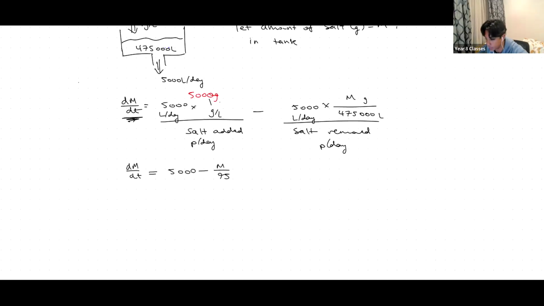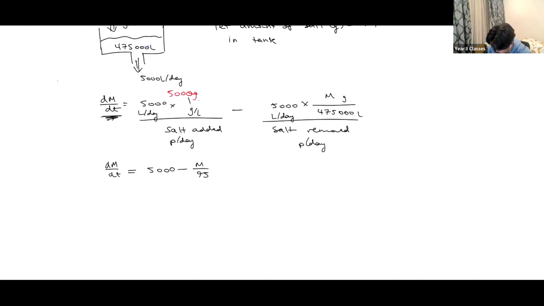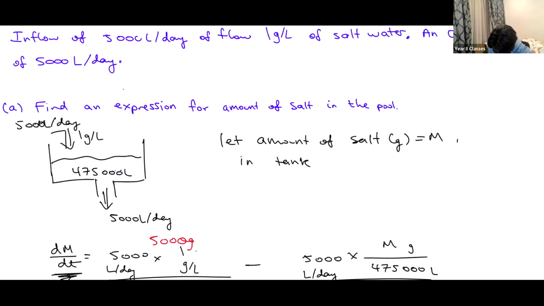Wait, I realized why. The question is not for the amount of salt, it's for the concentration of salt. So what we've done so far is still on the right track, but we need to think of how to express concentration.